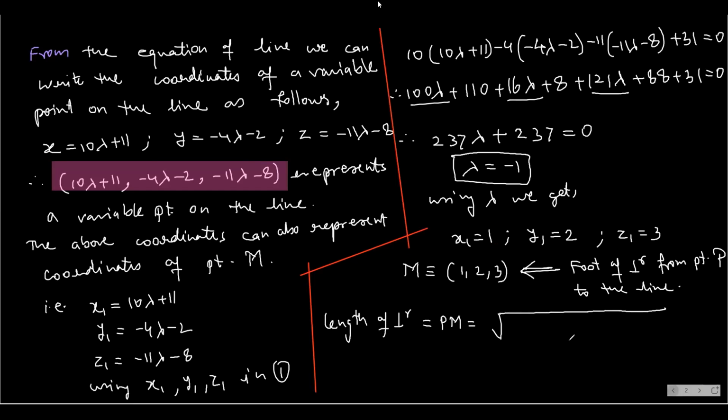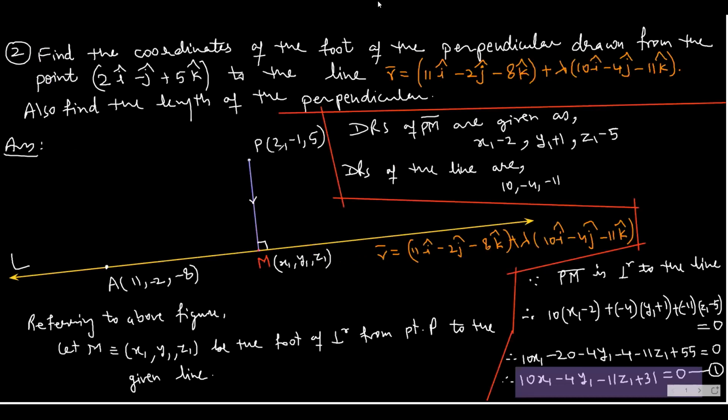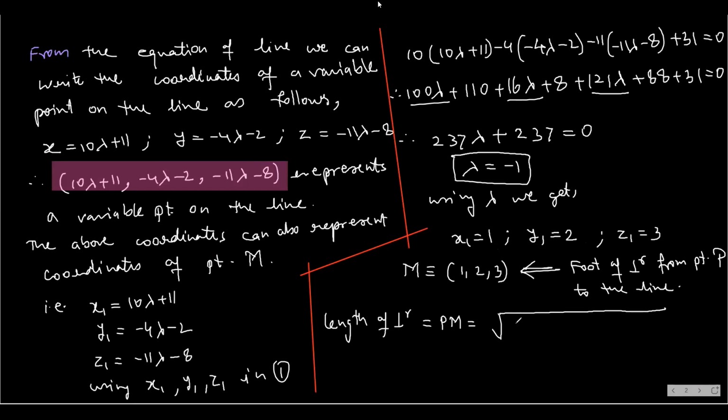What is the formula? See here. What was P? 2, -1, 5. Okay. And M is 1, 2, 3, that is what we just found. So 2 minus 1 square plus -1 minus 2 square plus 5 minus 3 square.